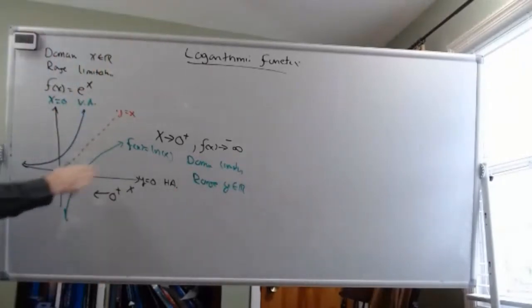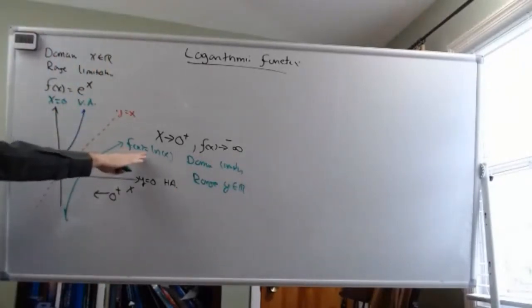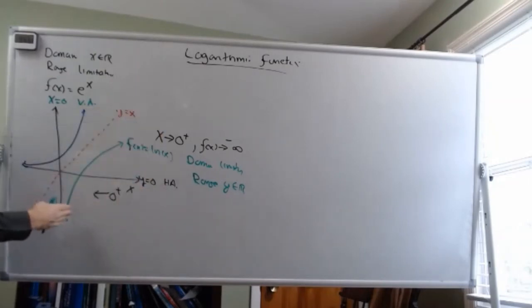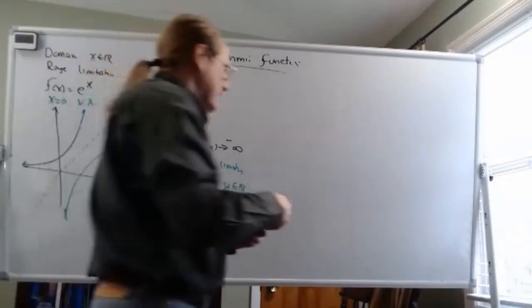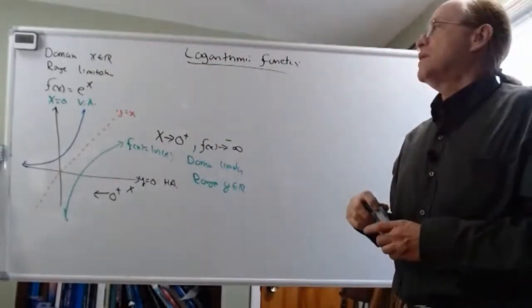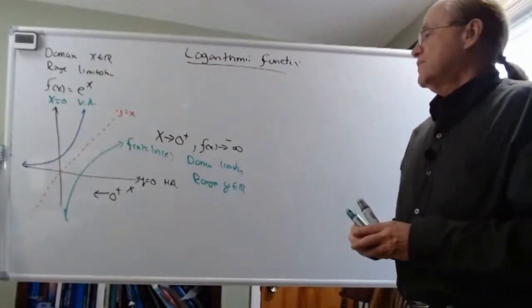The domain for this one is that x has to be strictly greater than 0. It can't be 0 because it hits my vertical asymptote and would be undefined, and there are no negative values. That makes sense because when we take the inverse of a function, we're swapping the domain and range of it, for the most part.